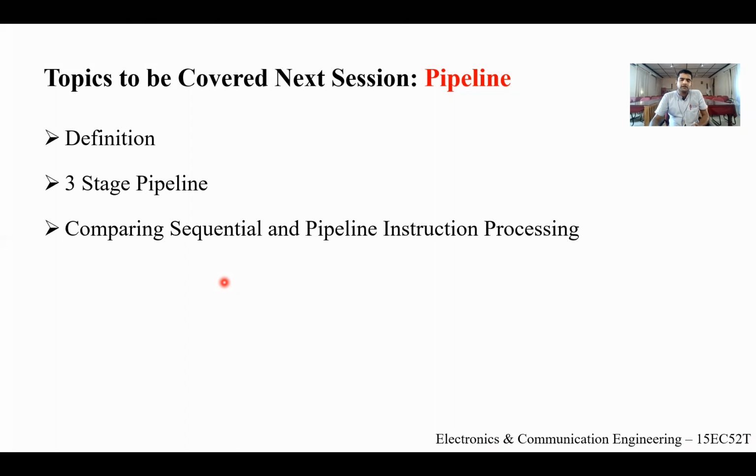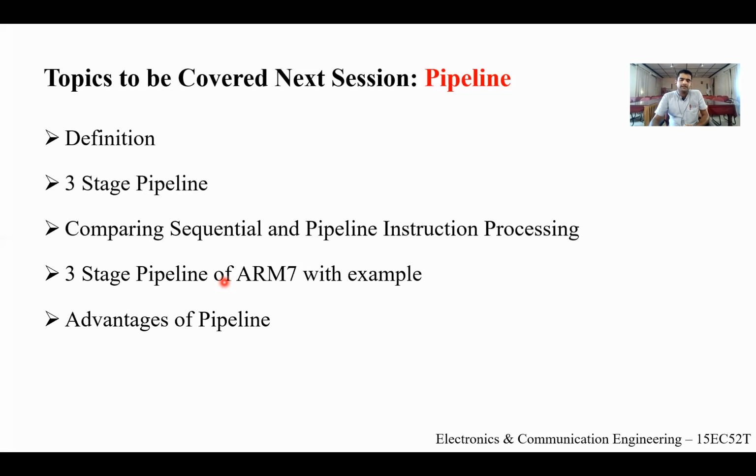Next, we will compare non-pipelined instruction processing to pipelined instruction processing, and the factor of increase in throughput for sequential and parallel pipelined instruction processing. Next, with an example, we will explain the three-stage pipelining of ARM7. Then we will see the advantages of the pipeline, and next we will discuss the disadvantages of the pipeline.